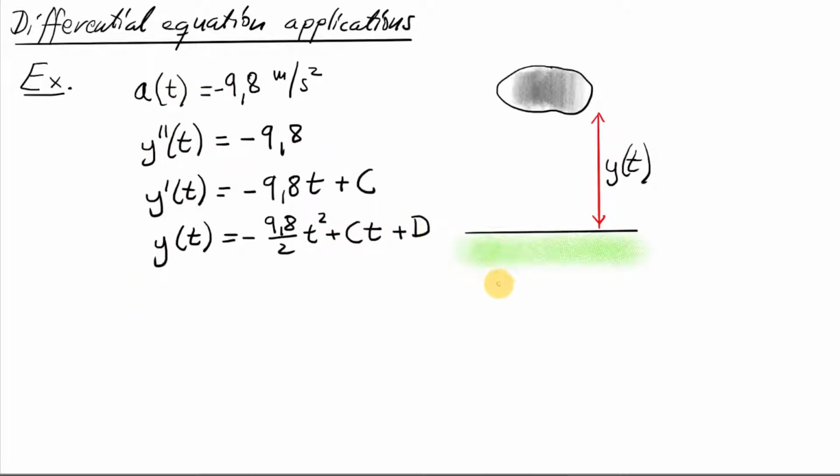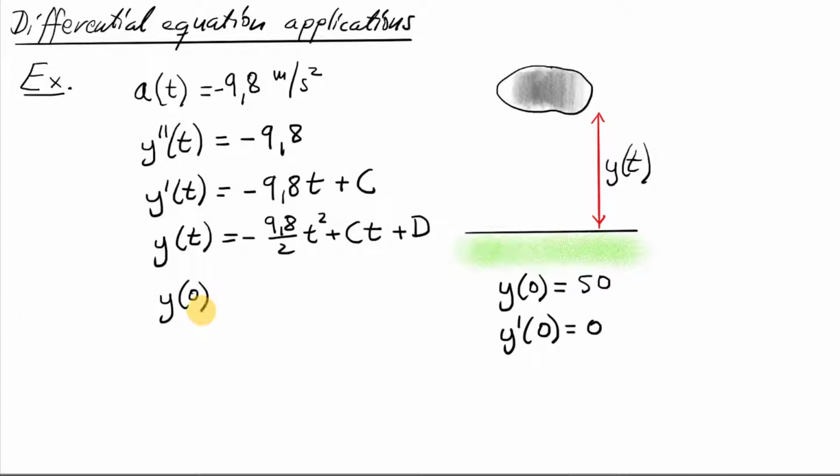If we now have some initial conditions, let's say for example the object was dropped at time 0 from 50 meters, and assume that the initial velocity was 0, meaning that it was dropped from rest. Then we can use those to find out what c and d must be. So let's take the first one.